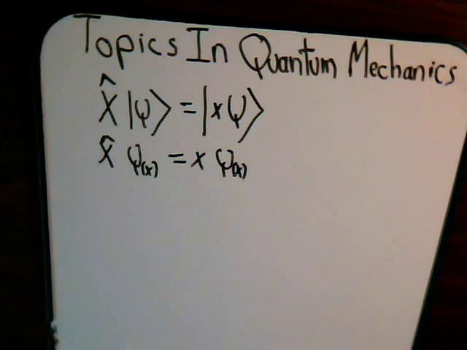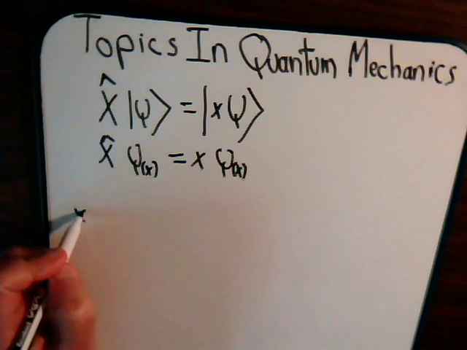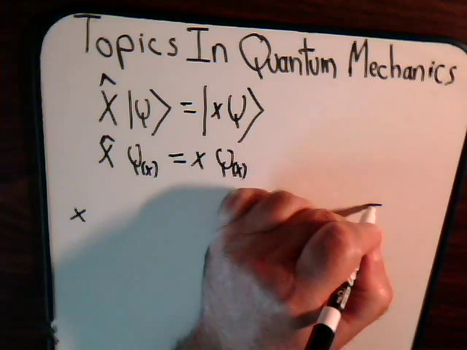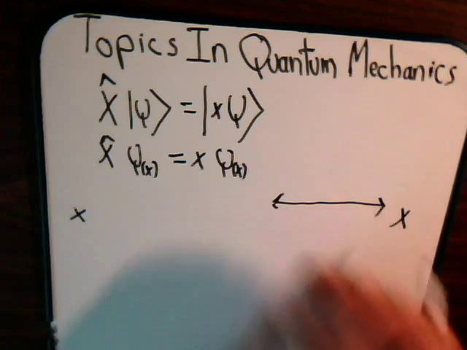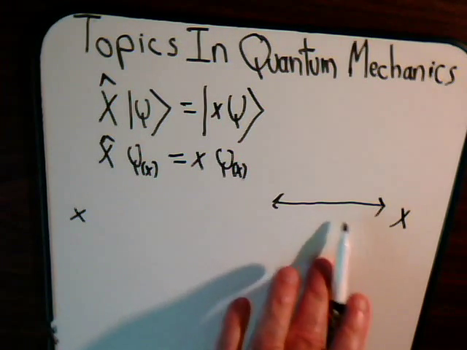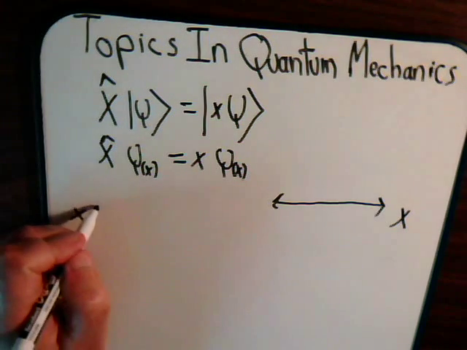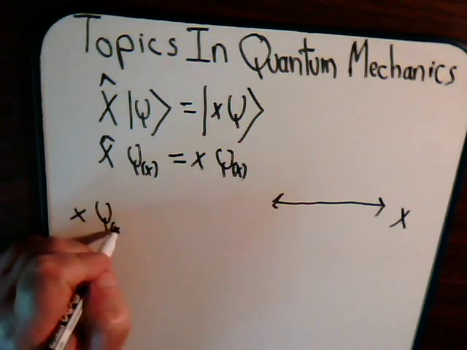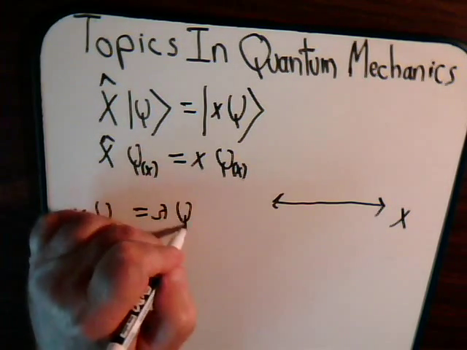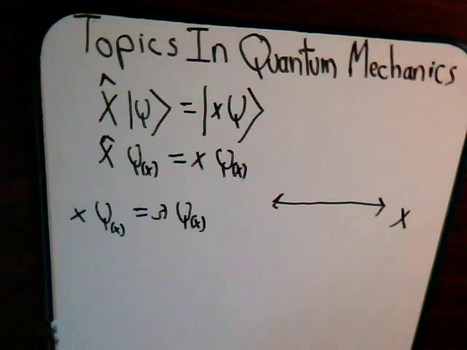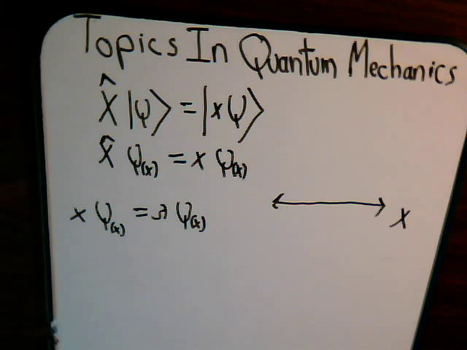That would mean that x, and again we're just on the x-axis here, so x is just some particular coordinate on the x-axis, x times psi of x would have to equal lambda psi of x, where lambda is just some discrete number.